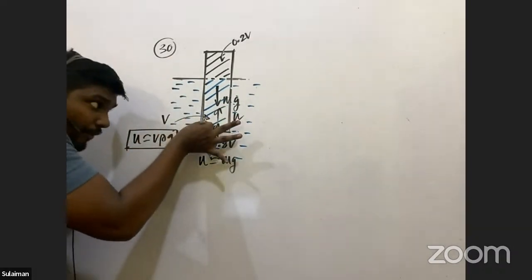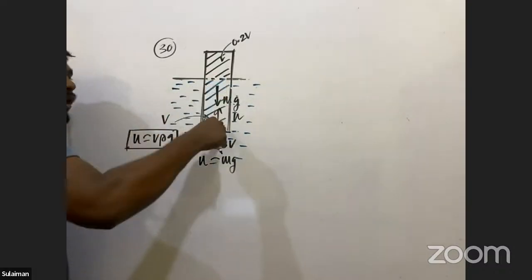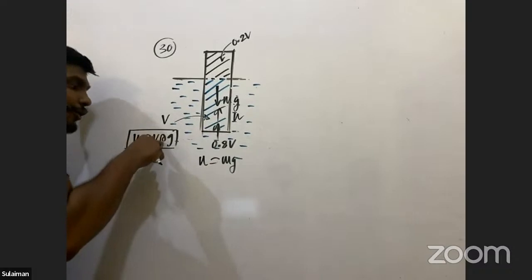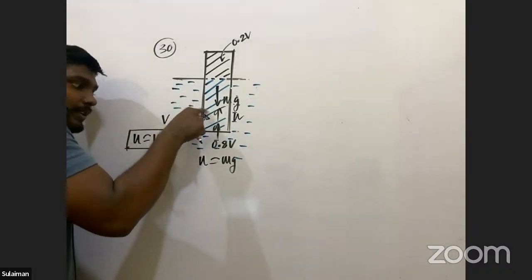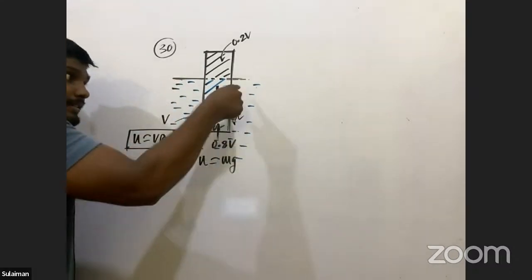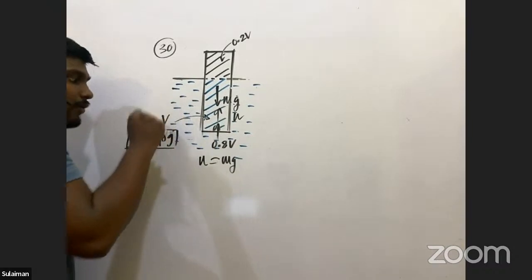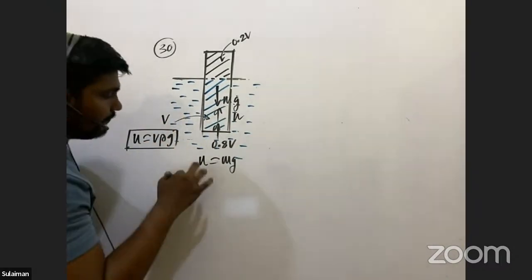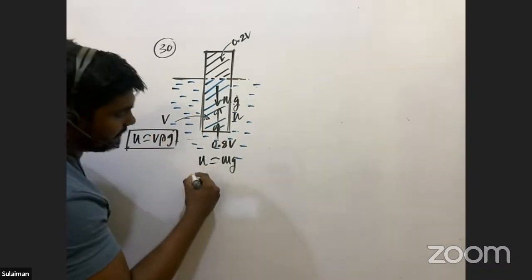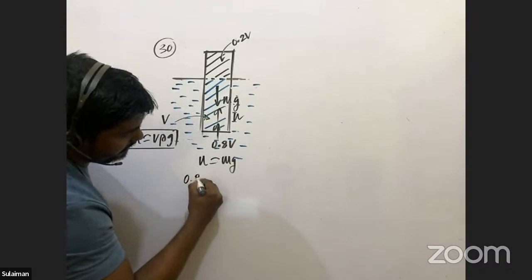Even though the total volume of the object is capital V, the submerged volume in the water is 0.8 V. Rho means the density of the liquid, not the object. The density of this liquid is 1000, as given. G means gravitational acceleration. So U means V rho G, where V is 0.8 V.